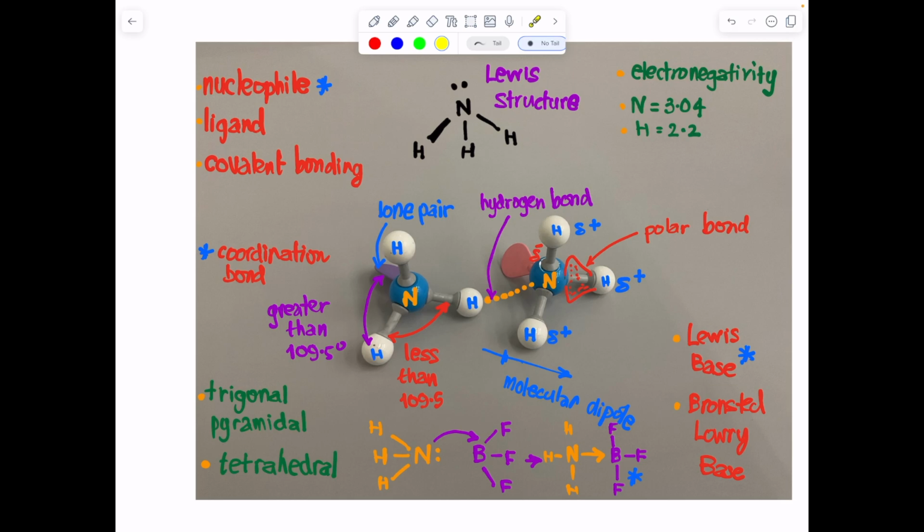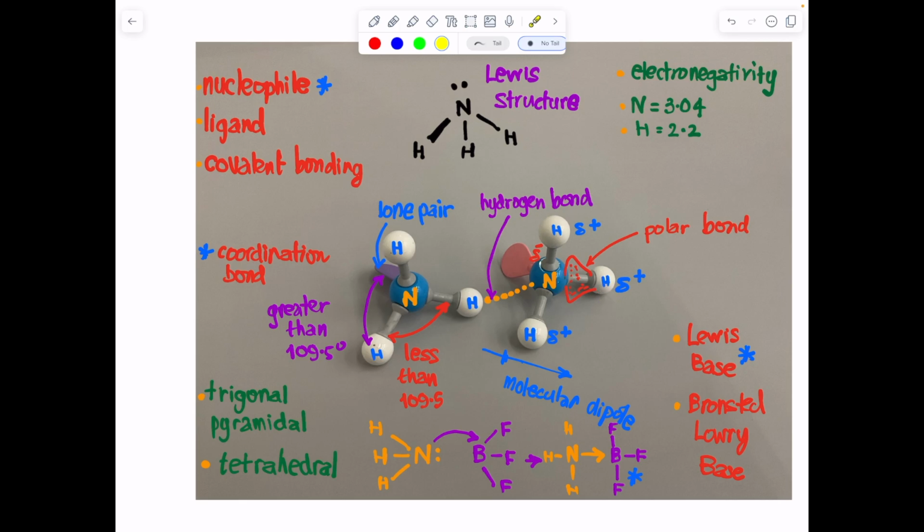So here we have this huge difference in electronegativity between nitrogen and hydrogen, which means that you have a polar bond. Electrons in this covalent bond are held closer to nitrogen than they are to hydrogen. So you have a small negative charge here developing on nitrogen and a small positive charge, delta positive, on hydrogen.